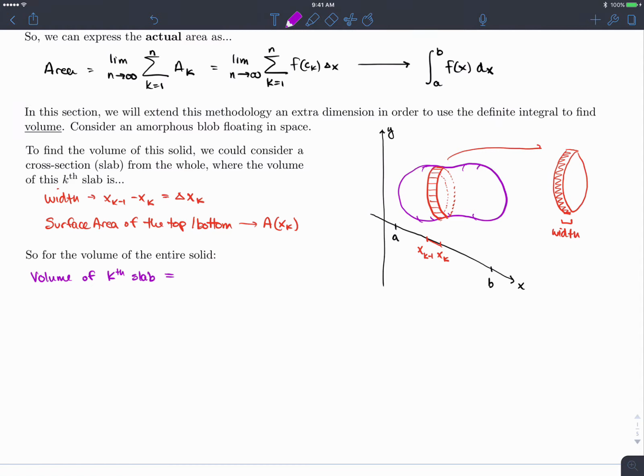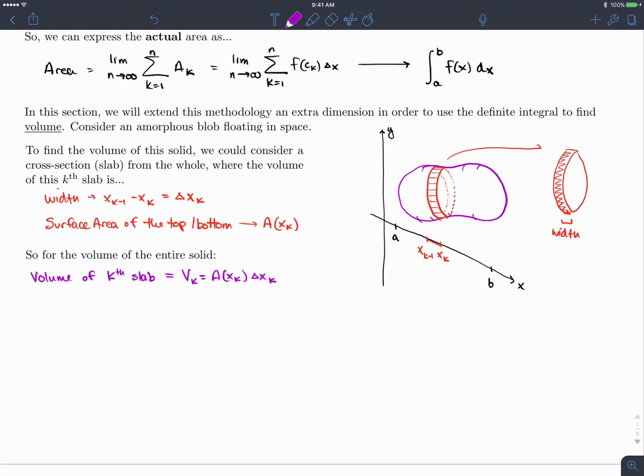So the volume of the kth slab here is going to be V sub k equals whatever the surface area formula is, times delta x sub k. It's the product of those dimensions that will give us a three-dimensional volume.